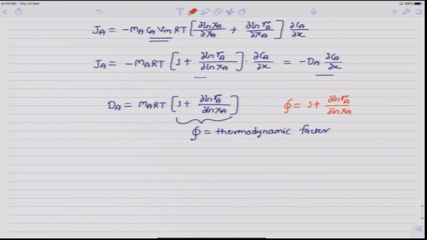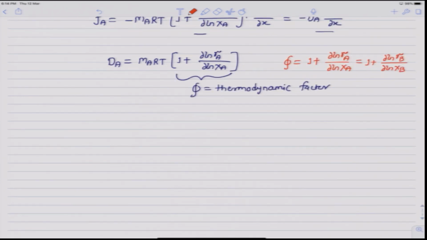Based on Gibbs-Duhem equation, it is also easy to show in a binary system, this is same as 1 plus dou ln gamma B over dou ln x B, and so d A can be written as M A R T times phi. Now, if we are considering a dilute solution, we know Henry's law will be followed, and so gamma A will be a constant.